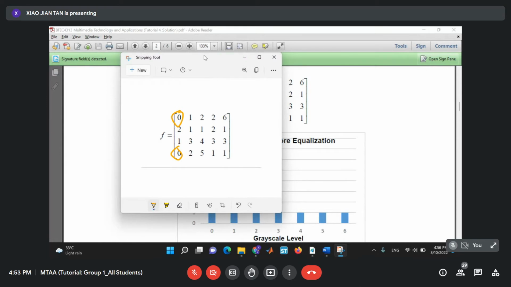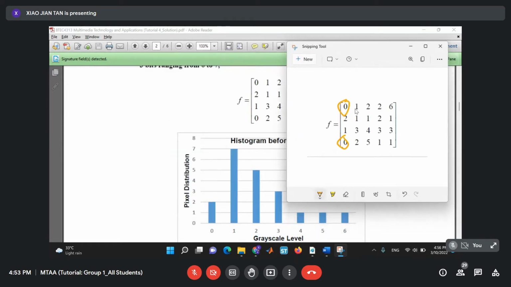Let me use the snipping tool. For 0 you only have 2, followed by 1: 1, 2, 3, 4, 5, 6, 7. So you have 7, followed by number 2: 1, 2, 3, 4. And so on for numbers 3, 4, 5, and 6.